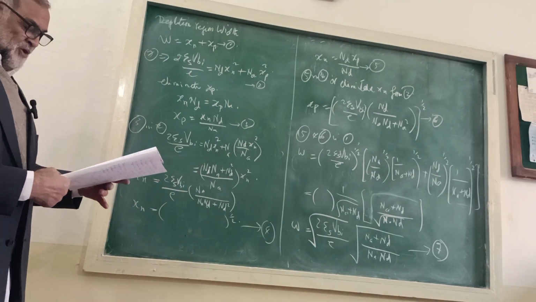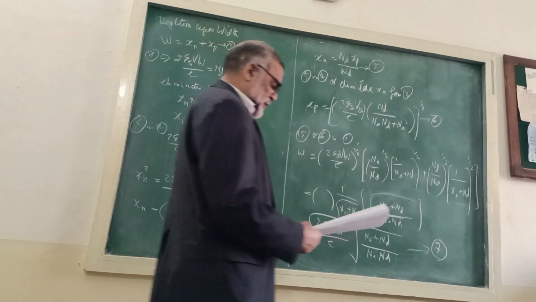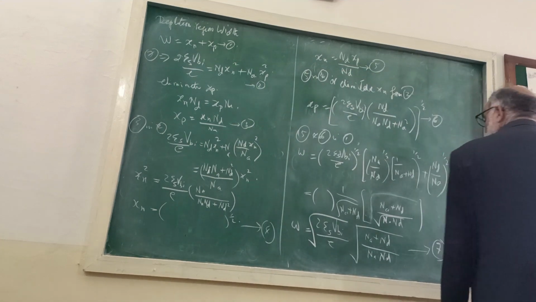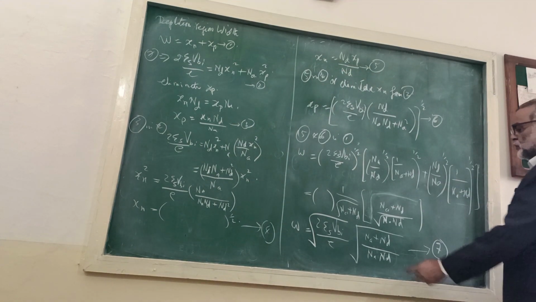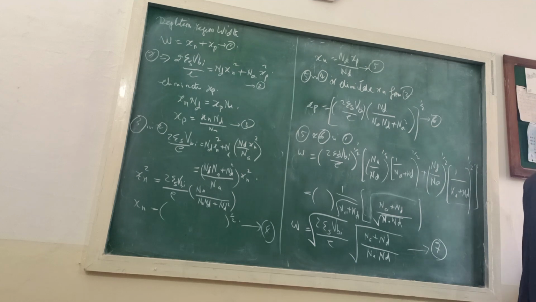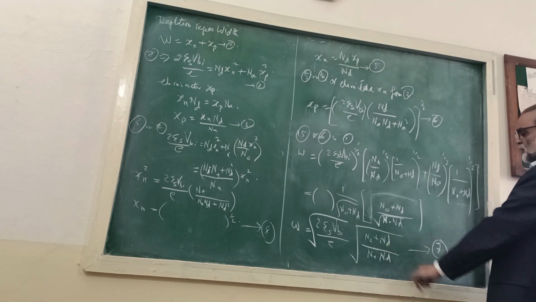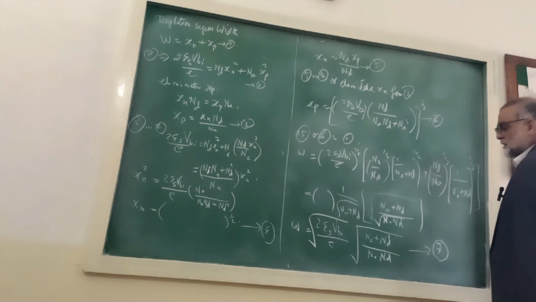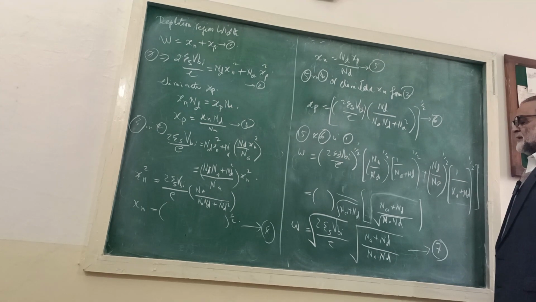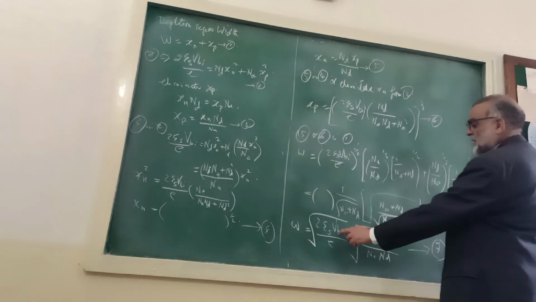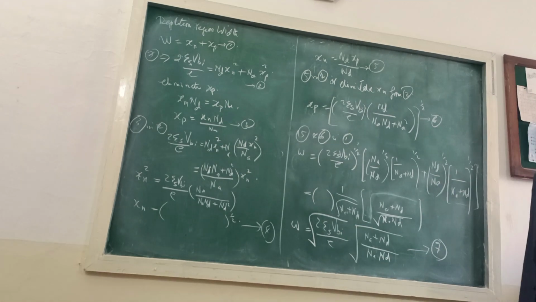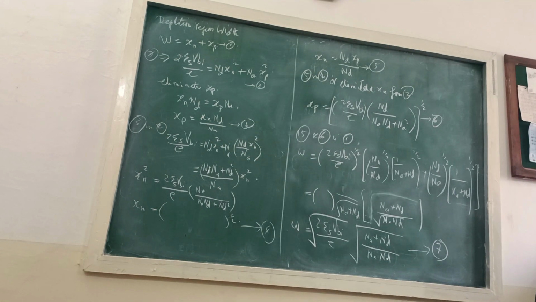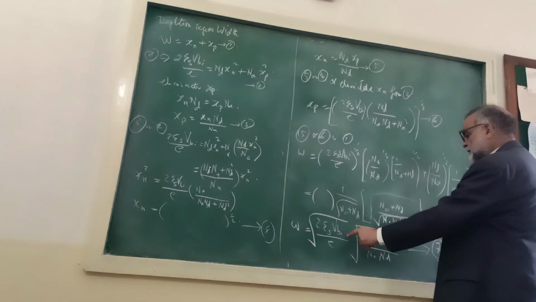So the width of the depletion region depends again upon the doping, according to this formula: N_A plus N_D divided by N_A and N_D, and V_bi. It is a square root function of the built-in potential.